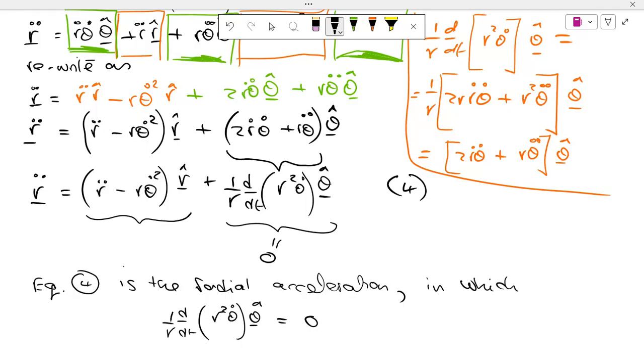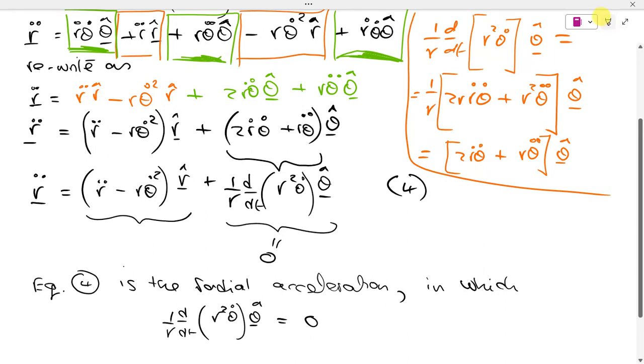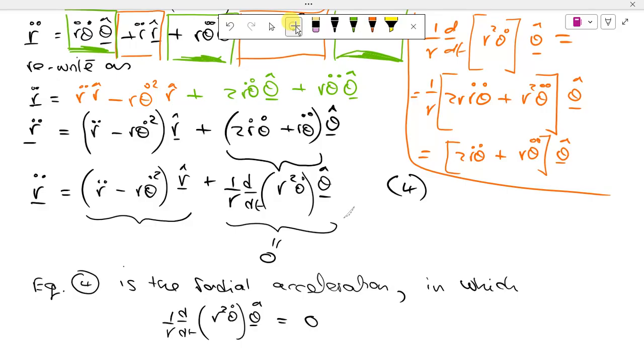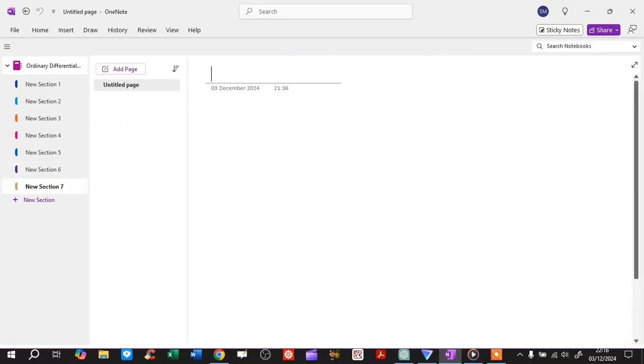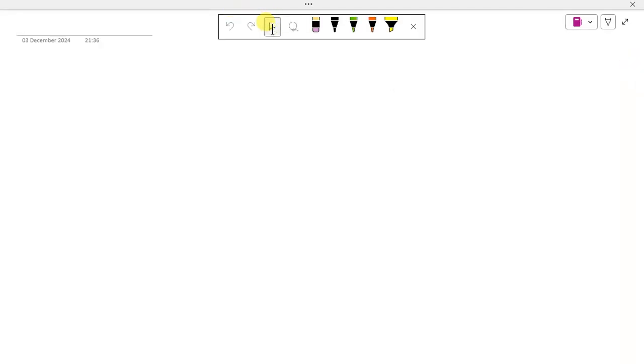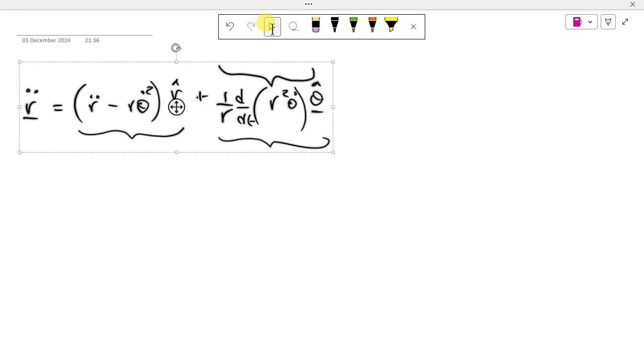Oh, and by the way, let's just go on to a different page. I want to cut and paste this, Control C, and we'll go now to a new section and paste that. Right, okay. So ignore these little curly brackets here. I obviously couldn't get rid of those.